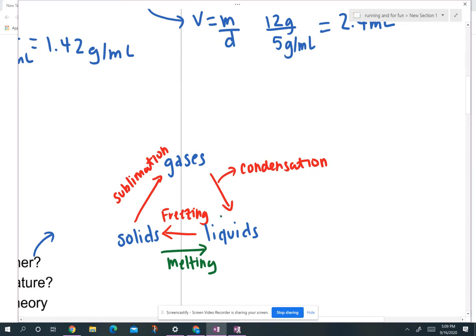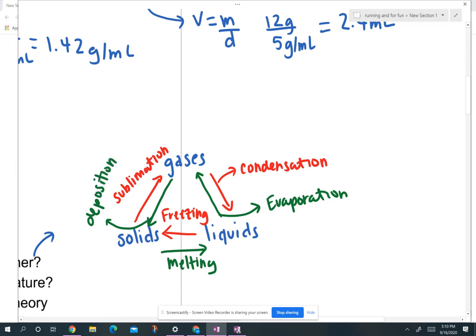I can go from liquids to gases, and that is going to be evaporation. And I'm going to write that here because I'm out of room. And then I can go from gases to solids, and this one is called deposition. Right, so those are the different ways that your changing states can happen.